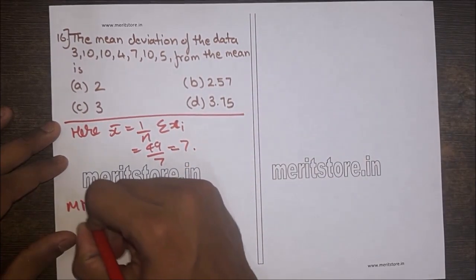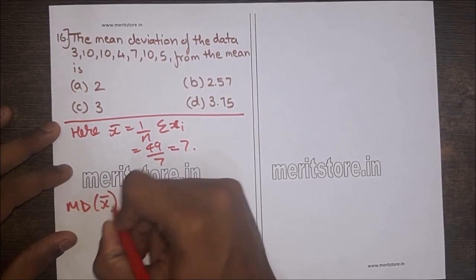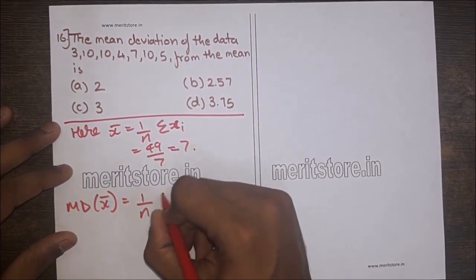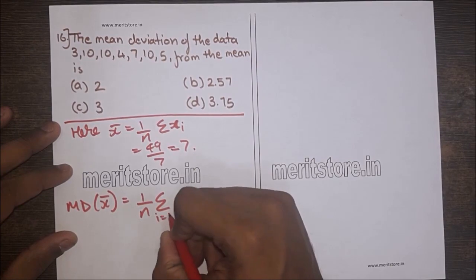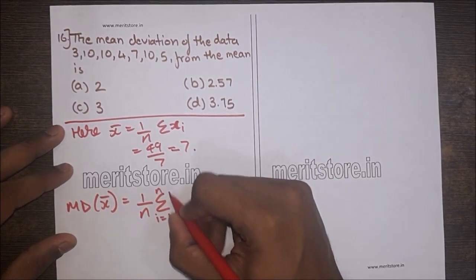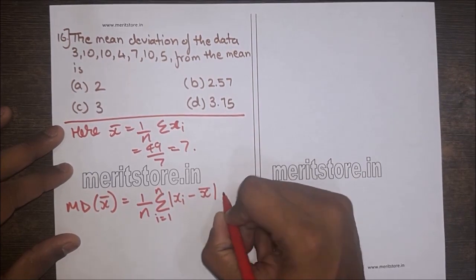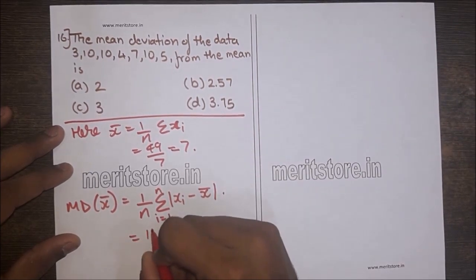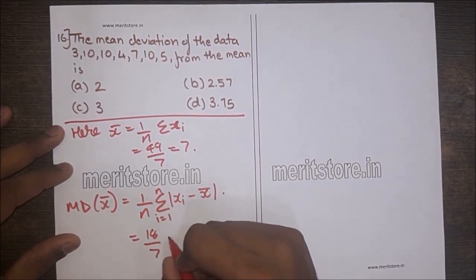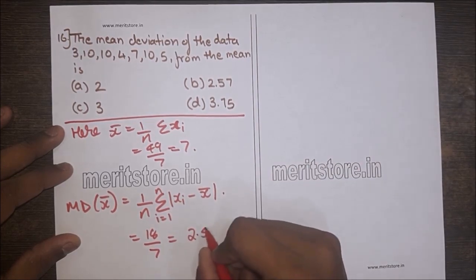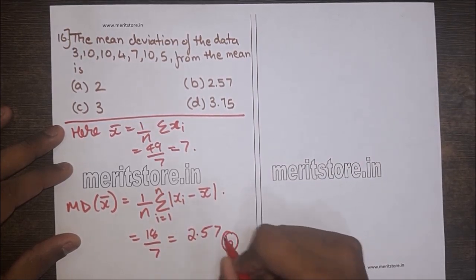Now the mean deviation of x bar is 1 by n summation of i is equal to 1 till n mod of xi minus x bar, which is 18 by 7, which is 2.57, or option B.